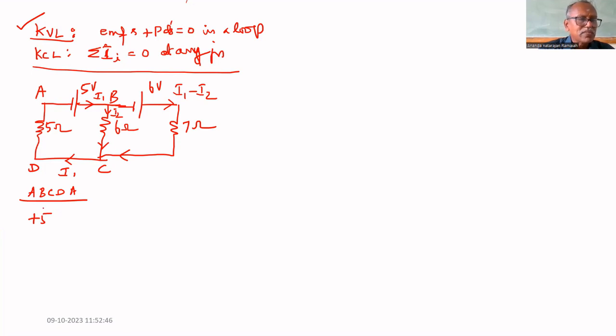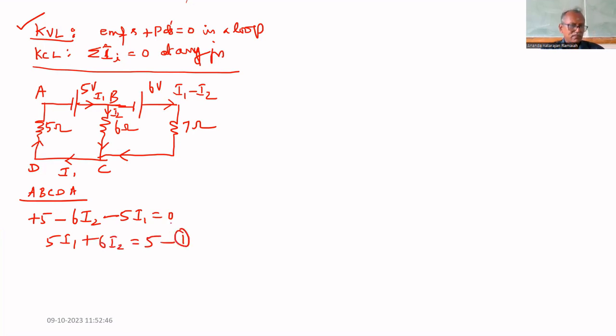When we travel from B to C, that's why minus, fall in potential, minus 6 I2. Along CD, no elements. From DA, again we are traveling along current direction, that's why minus I1 equal to 0, or 5 I1 plus 6 I2 equal to 5.